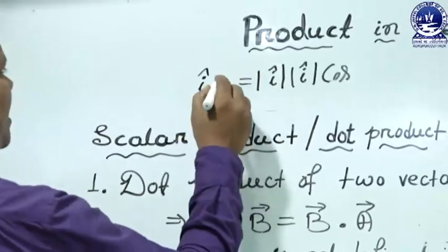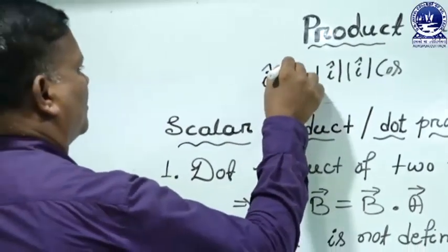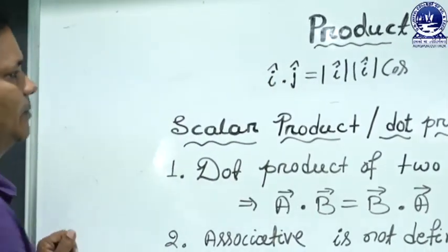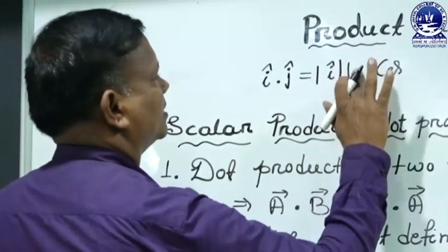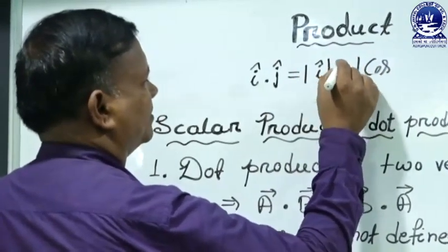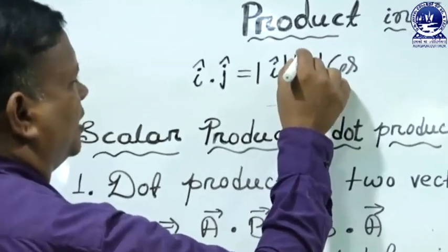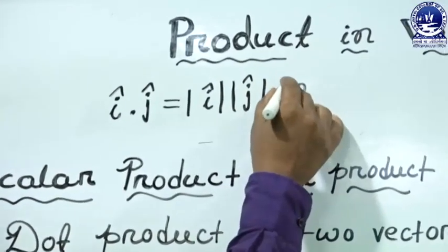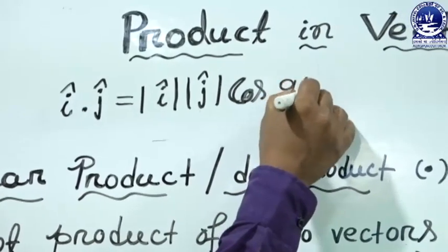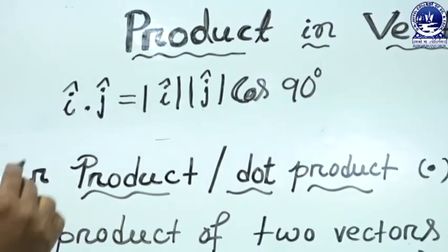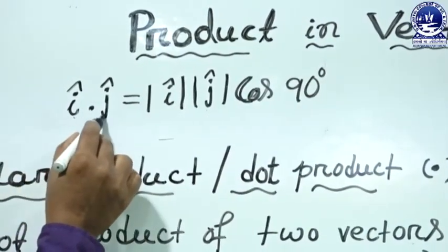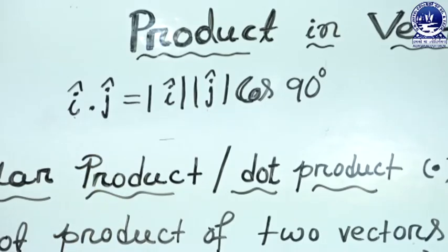So, we take i cap dot j cap. The answer is magnitude of i cap, then magnitude of j cap, and then cos 90 degrees, because i cap and j cap are perpendicular to each other, since i cap is along the x axis and j cap along the y axis.